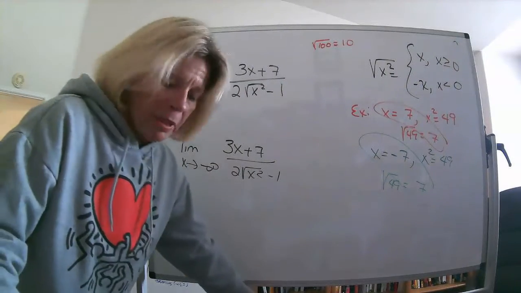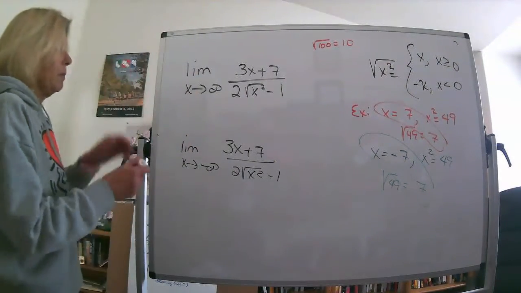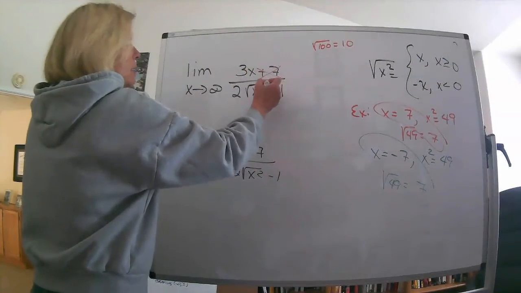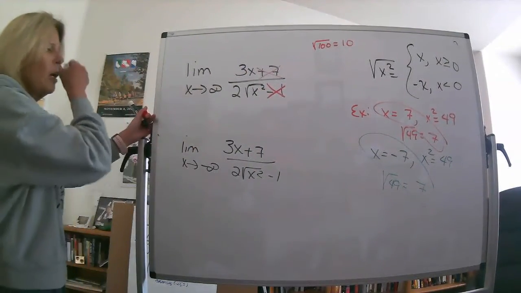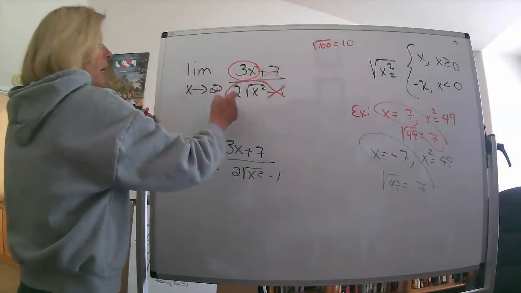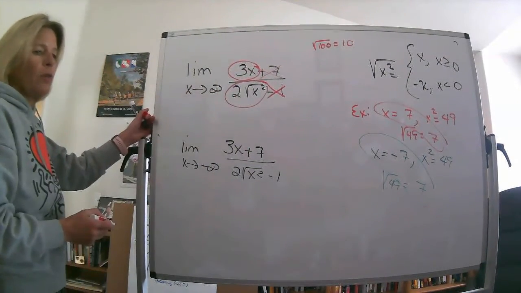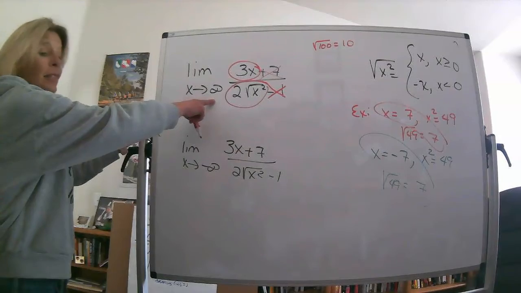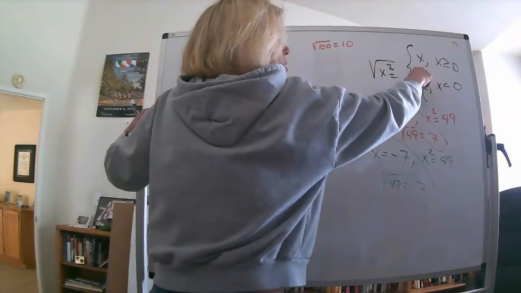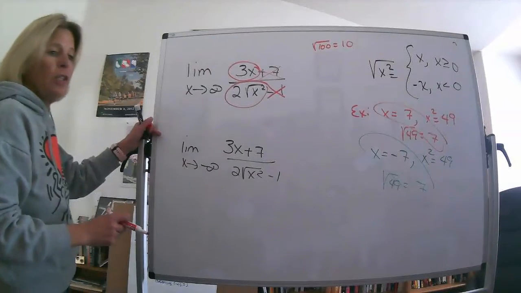So if I'm going to use that in the limit problem, once again, I take the highest exponent in the numerator and the denominator. So in this case, the 3x and the 2 over the square root of x squared. Since I'm approaching positive infinity, I use the top part of my definition.